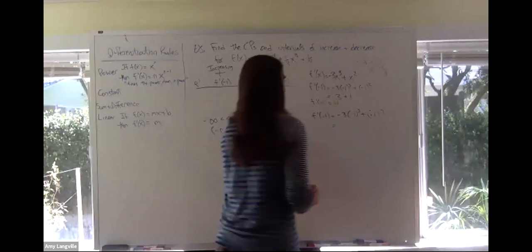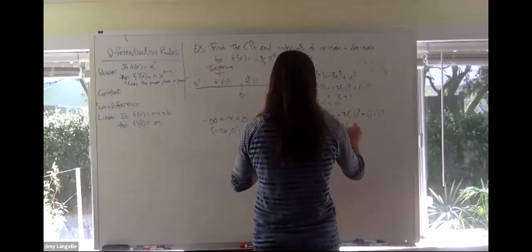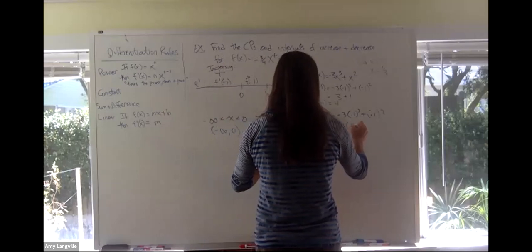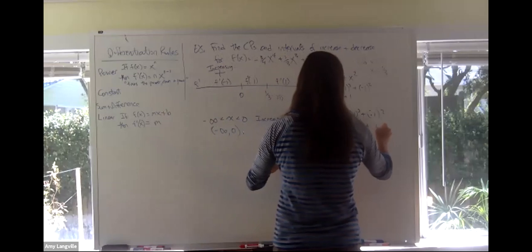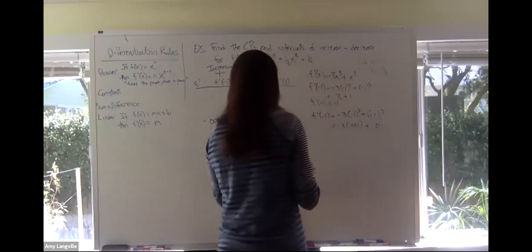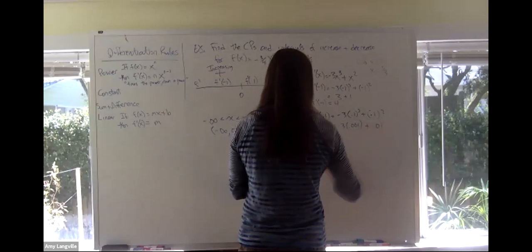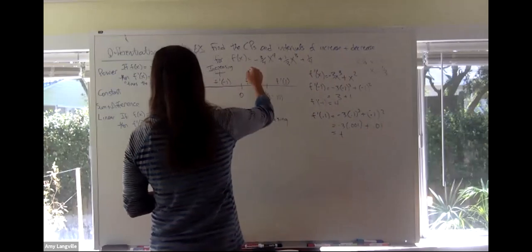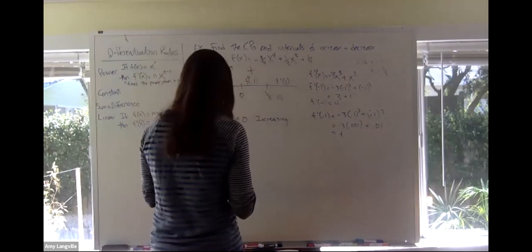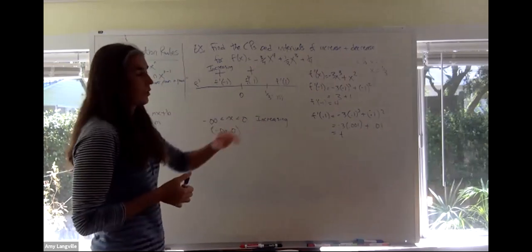So a little bit of decimal work, or get your calculator out, and that's going to be negative 3 times 0.001 plus 0.01. So a tiny thing is negative, a bigger positive. This is going to turn out to be positive. So we're increasing from 0 to 1/3.